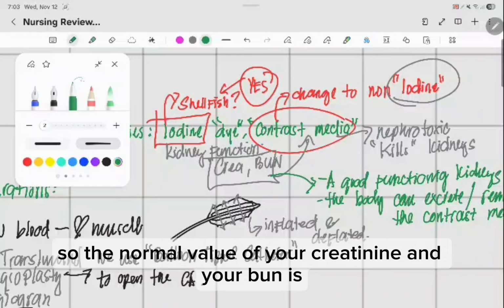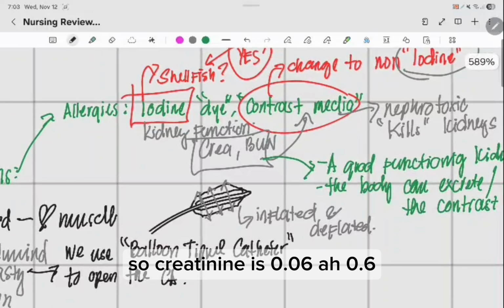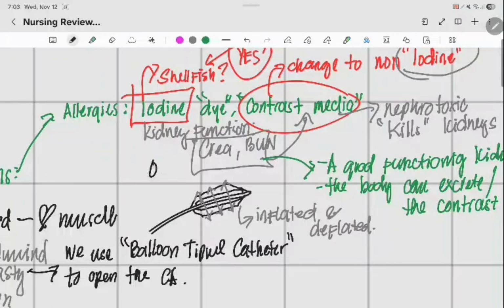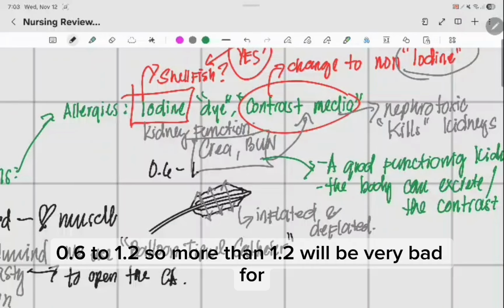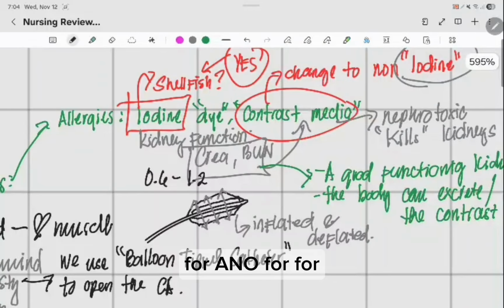The normal value of your creatinine is 0.6 to 1.2. More than 1.2 will be very bad for the patient.